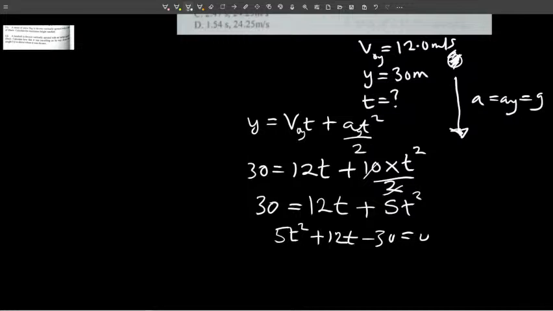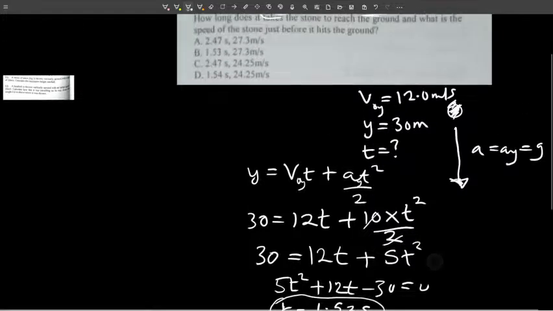The values for t I got in decimals: t is 1.527, that's 1.53 seconds. The other value is negative, so that cannot be the answer. So this is the answer for t.